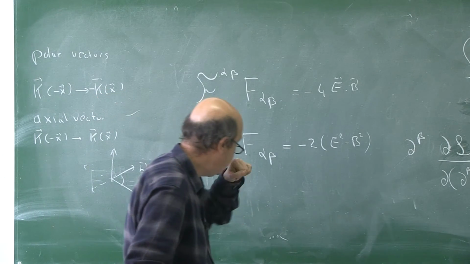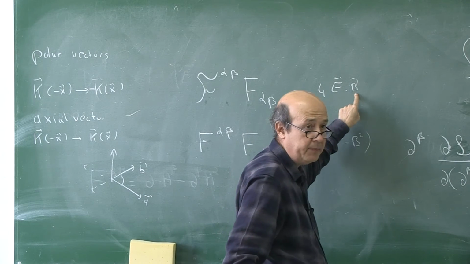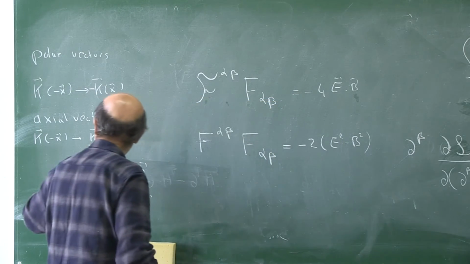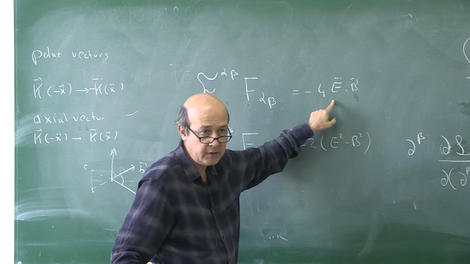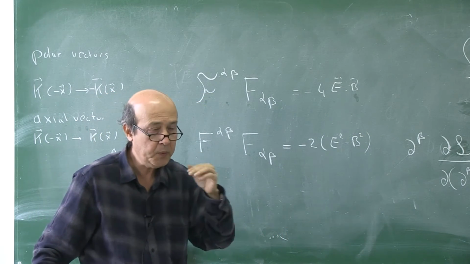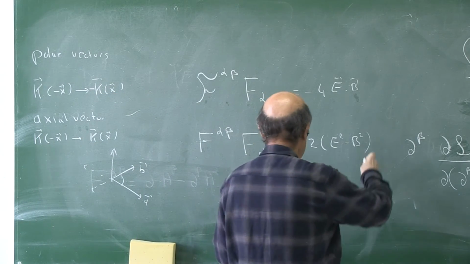So basically, B behaves as a magnetic field, as an axial vector. The electric field behaves as a polar vector. The scalar product is called a pseudo-scalar.